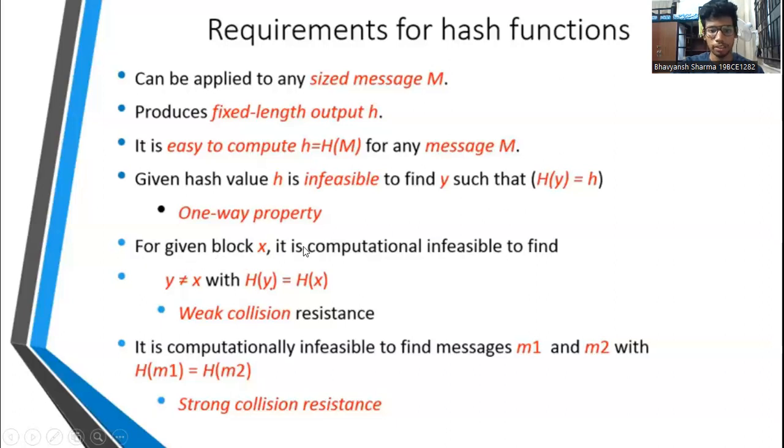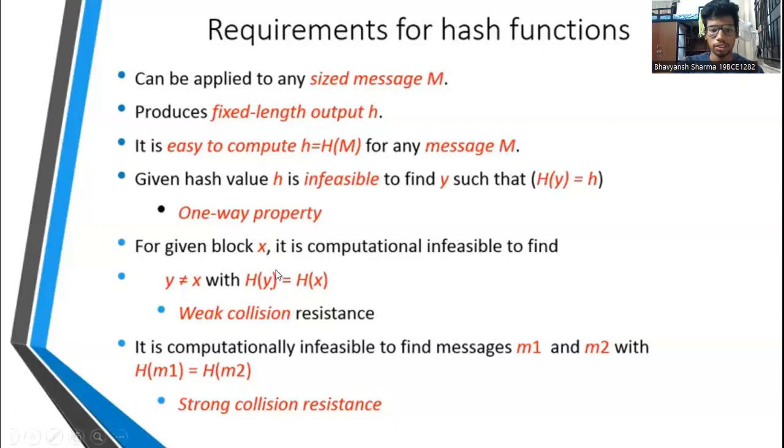For a given block X, it is computationally infeasible to find y not equal to X with H(y) equal to H(X). That is, for two different messages, it should not give me the same value. Hello and world are two different words, but their hash shouldn't be the same. If their hash comes out the same, then there would be many such messages which would result in the same hash value.